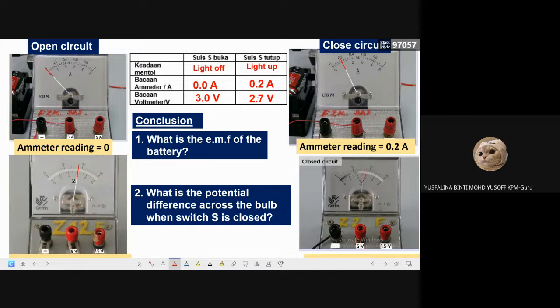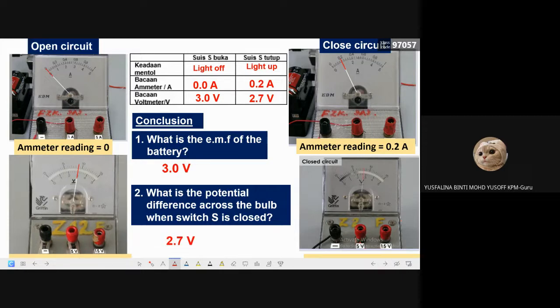So what is the EMF of the battery? That one is 3 volt. You have to remember the EMF is when the switch is open, meaning there is no current flowing in the circuit, but the voltmeter still shows the reading. That is the EMF of the battery, E.